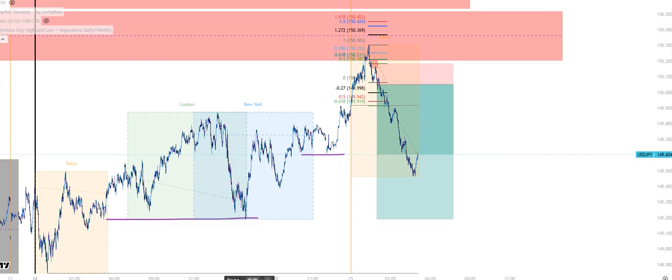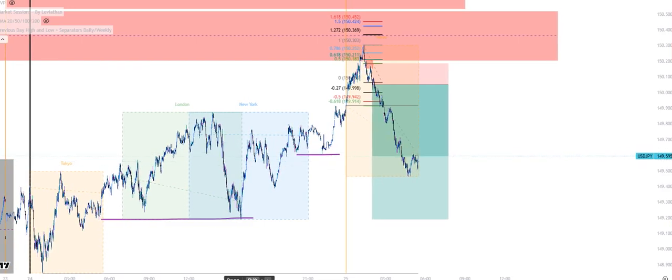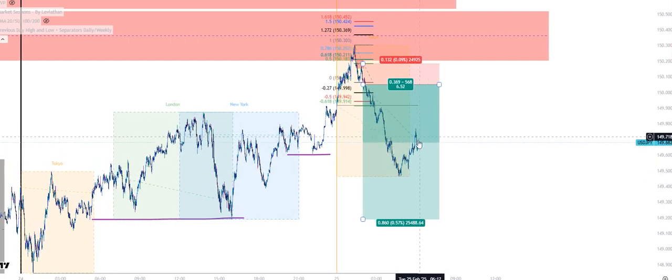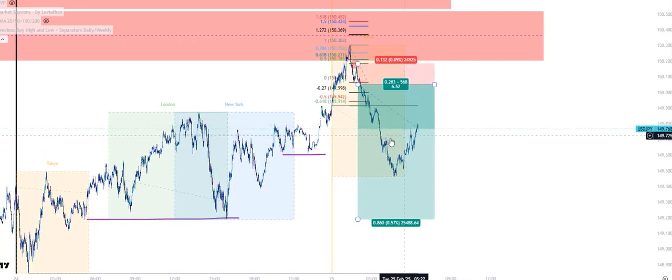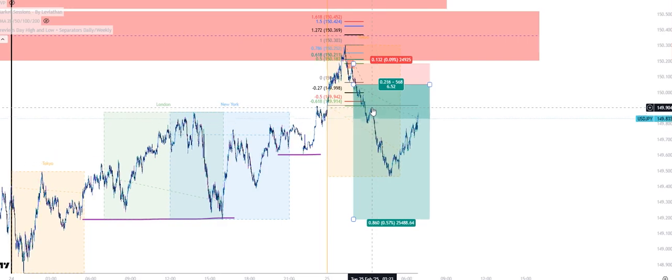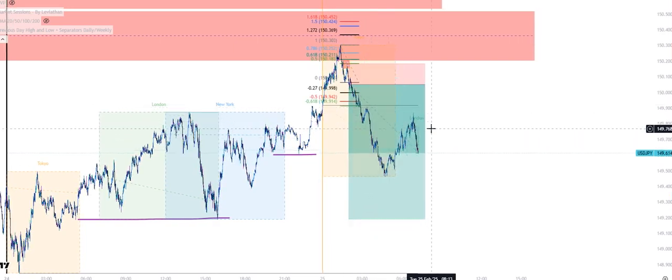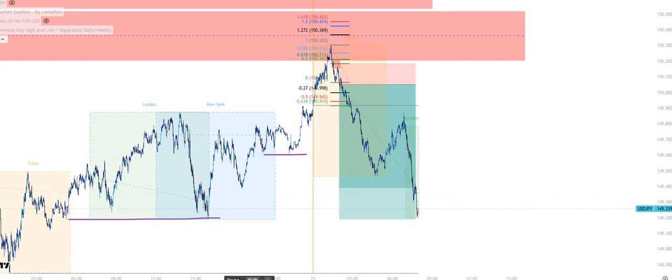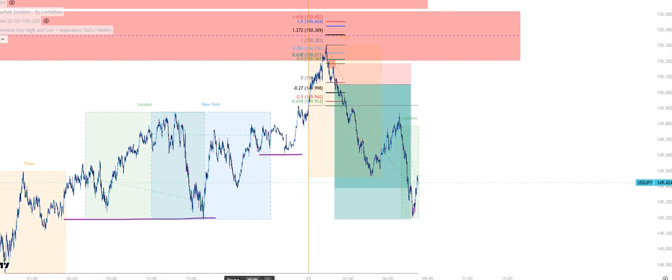Currently playing on. So we are getting a move on the upside now. You can actually see we took this out. We're going to take this one out. And now, London session open. Went all the way down. All the way down. And here we go.